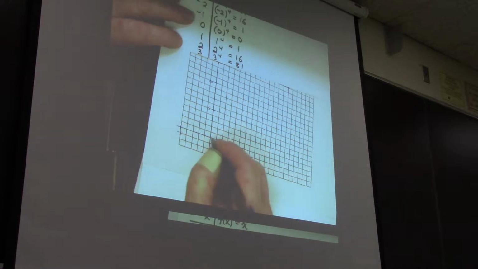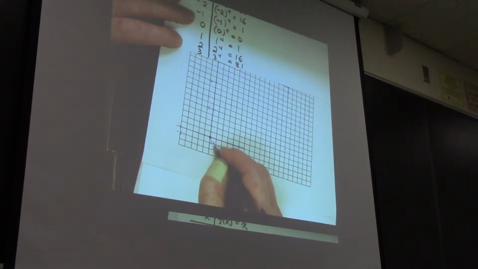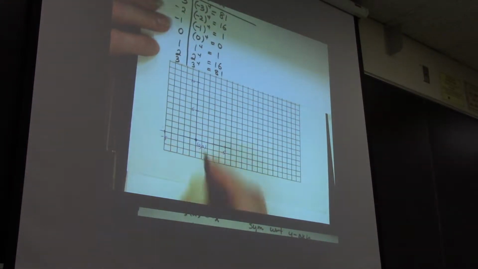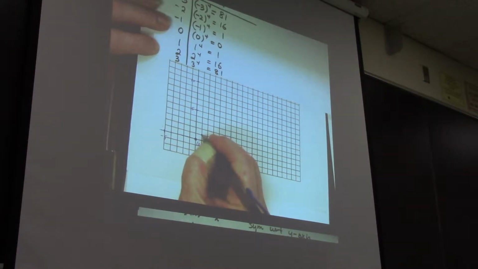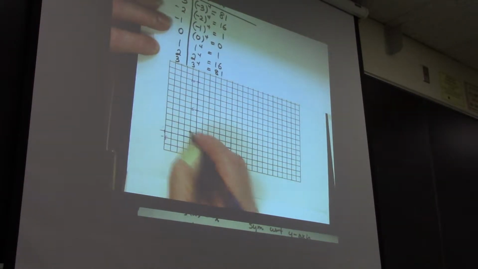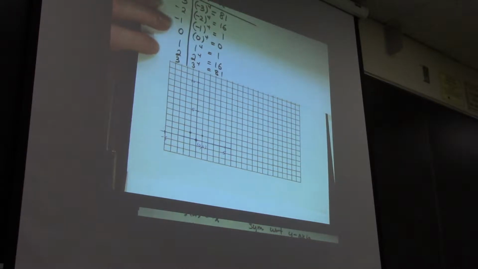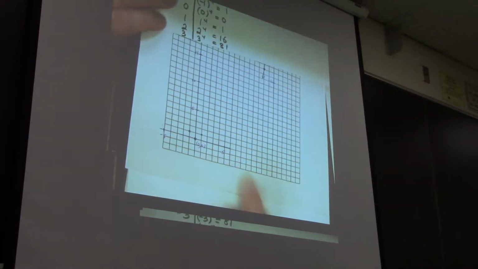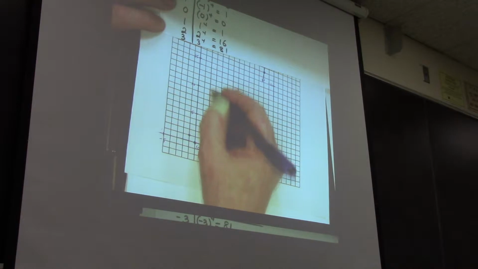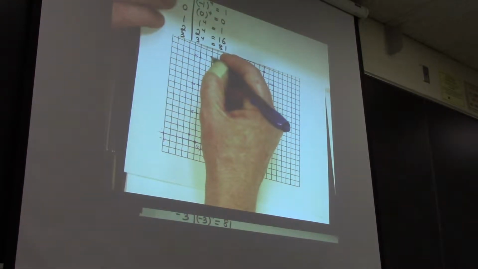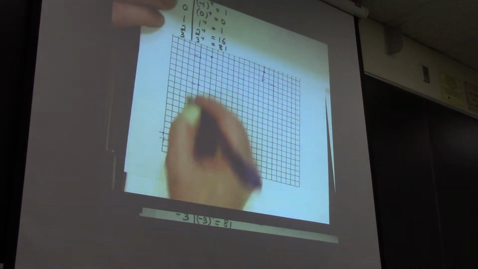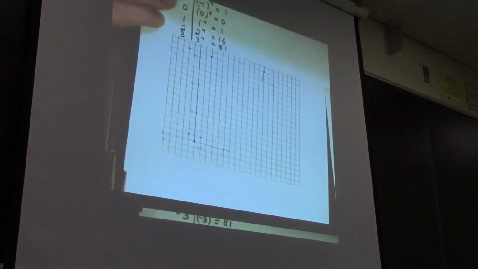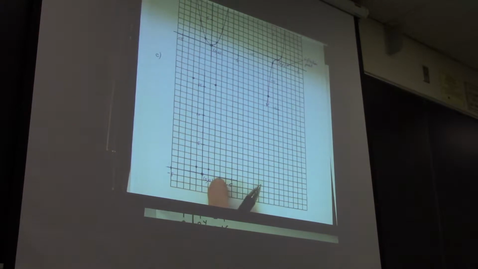I've got 0, 0. I've got 1, 1. And I've got negative 1, 1. Again, mirror images across the y-axis. And then I've got 2 comma way up here at 16 and negative 2 comma way up here at 16. I'm not going to plot them, but I'd have 3 comma 81 and negative 3 comma 81.